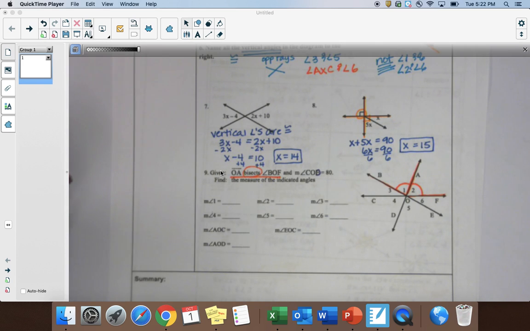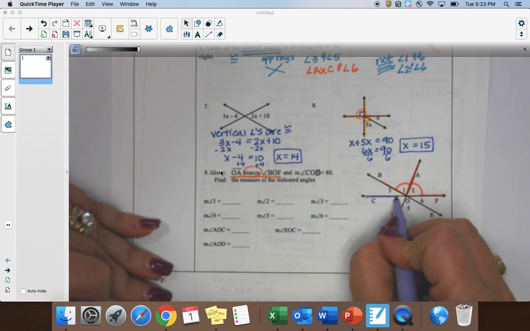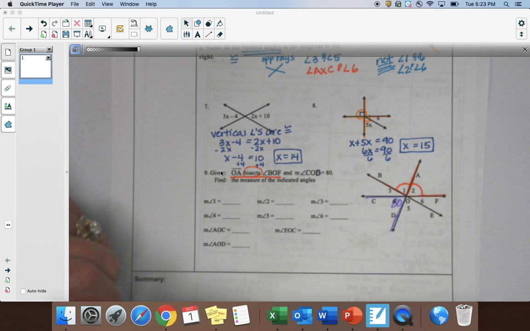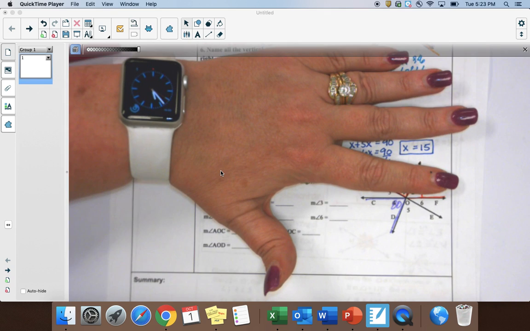The other thing I know is that COD is 80. Here is COD, so I'm going to mark it with 80, because then I don't have to remember what I found, and I can find each piece. From here, it depends on what you see next. I can see these angles that form a straight line, but I don't have enough information.